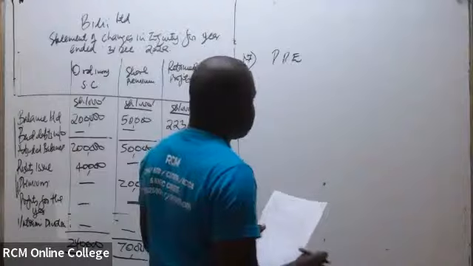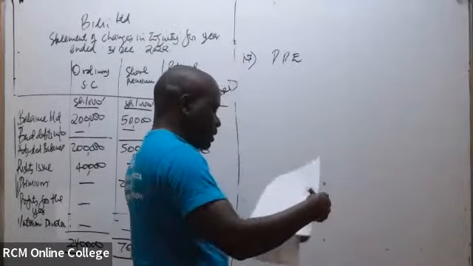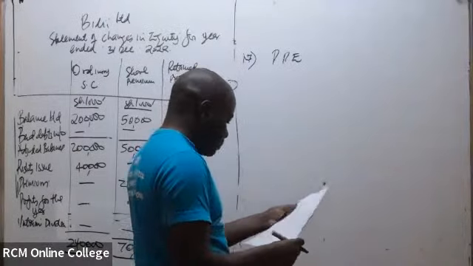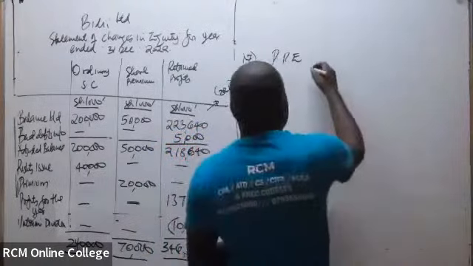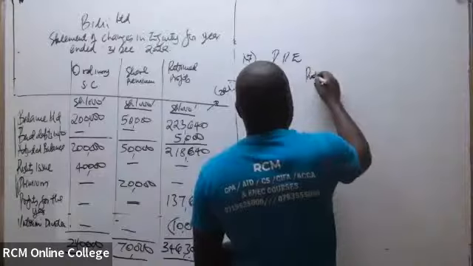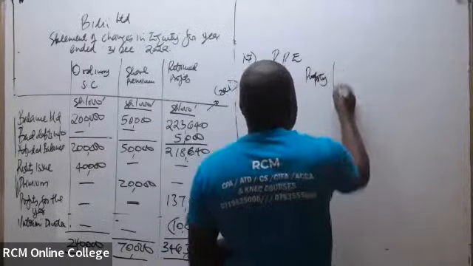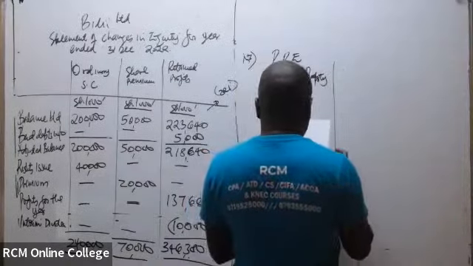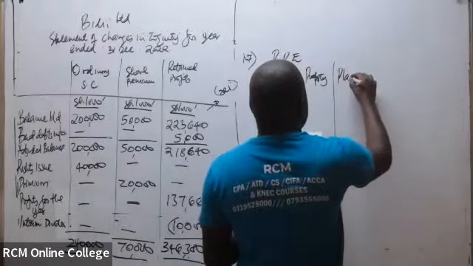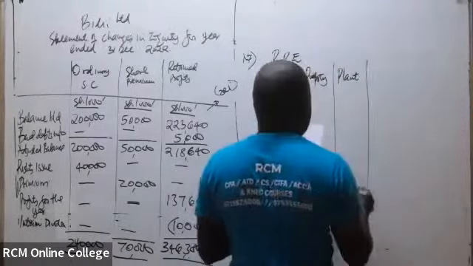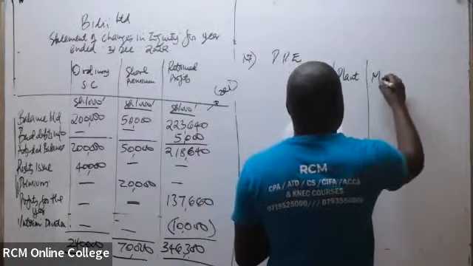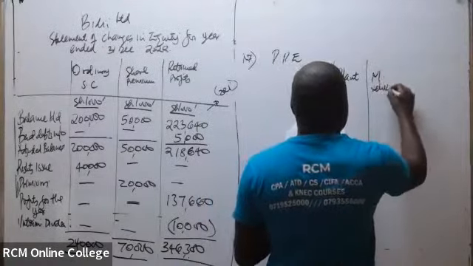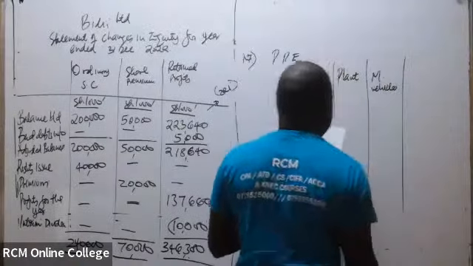So in this case, we'll have to identify what you have as property, plant, and equipment. So we have property, including buildings. We have plant. We have motor vehicles.